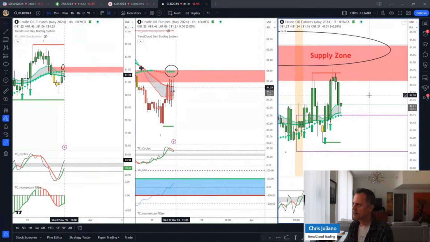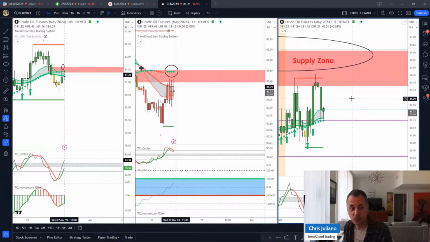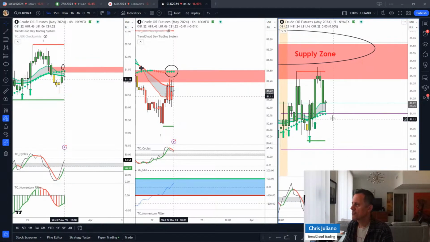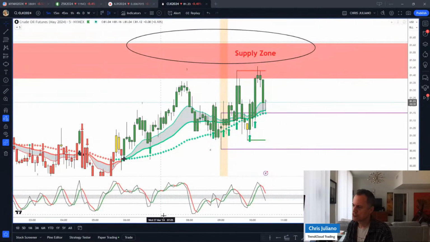See what's happening here? Exactly what I said was going to happen. Oh, go figure. We're finding support right at that trend cloud. Again, look at how trend cloud moves. This is how price action moves in trend cloud. Impulse up, correction into trend cloud. Gives you a little trend cloud signal.